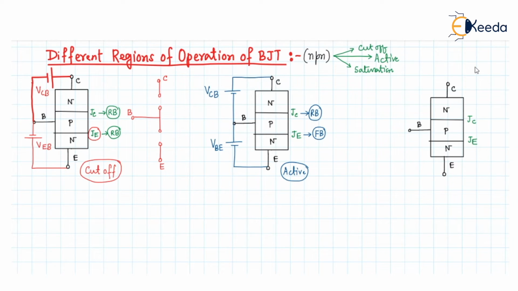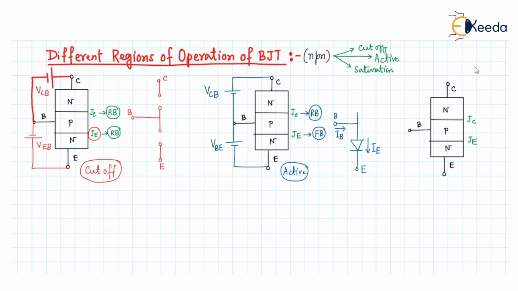There is the base terminal and the JE junction, which is forward biased, represented by a PN diode in forward bias mode. This is my emitter terminal, and IE current is flowing through this diode. There will also be a base current flowing through the base terminal.